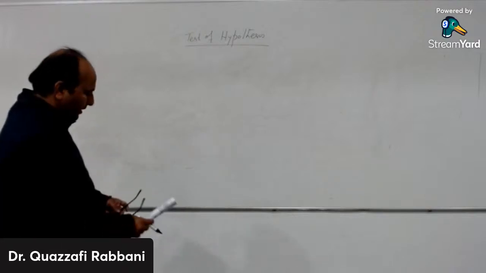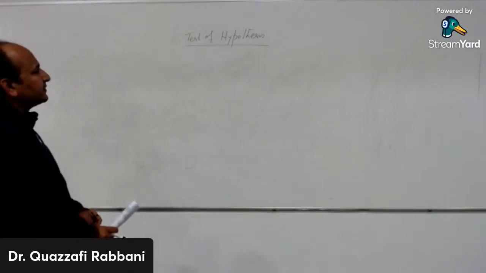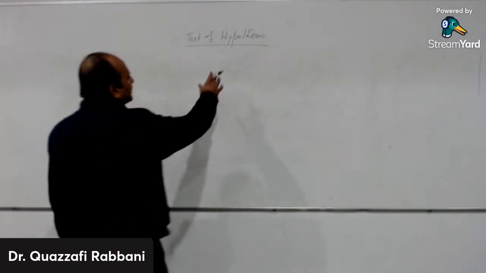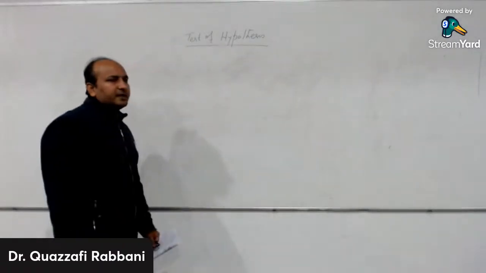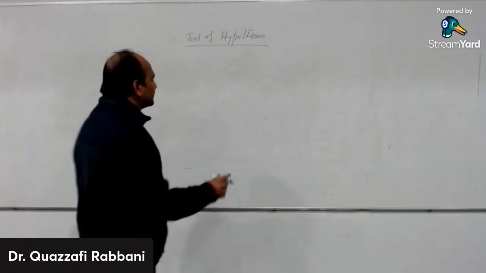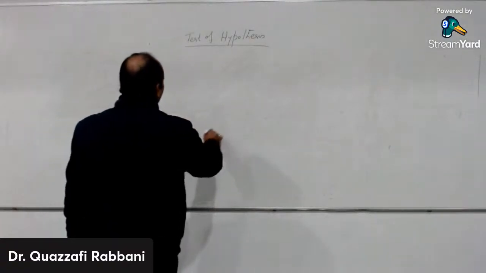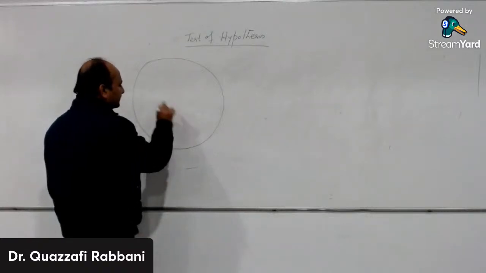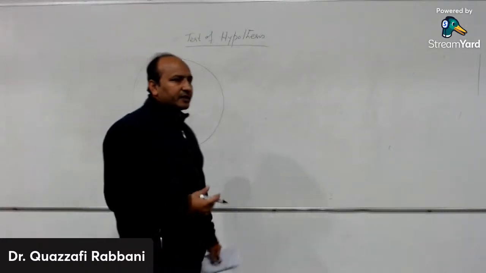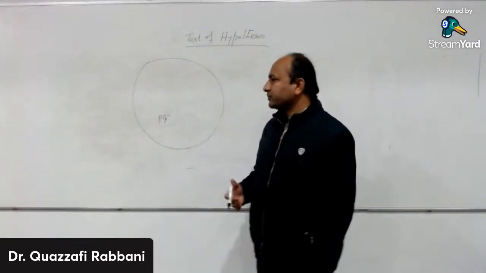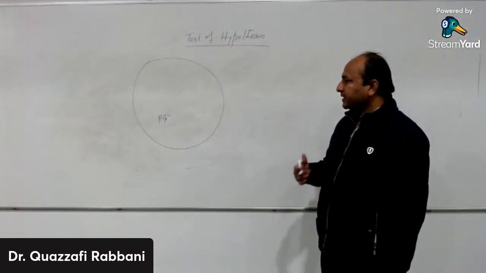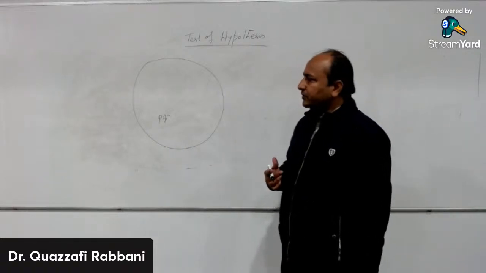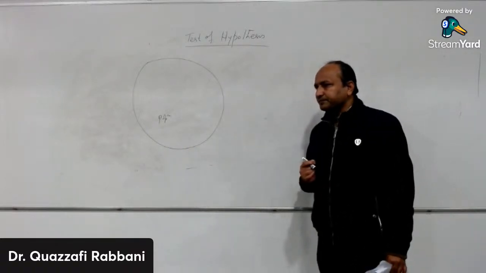And before starting this, what is a hypothesis? A hypothesis is any statement about the population. Suppose this is the population which we are going to study. Suppose we want to know the average height of the students of Integral University.